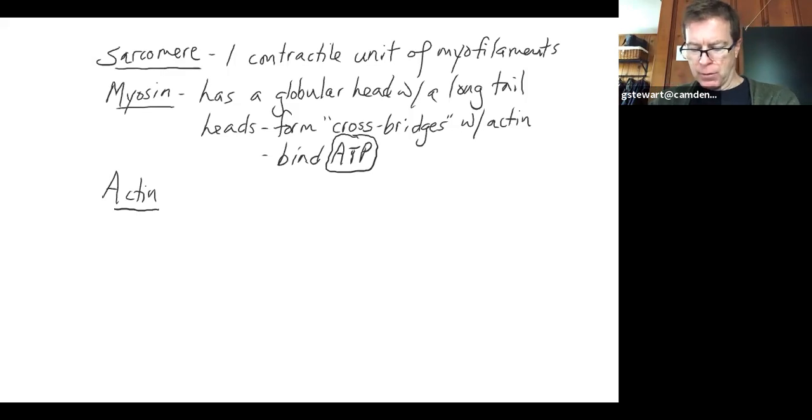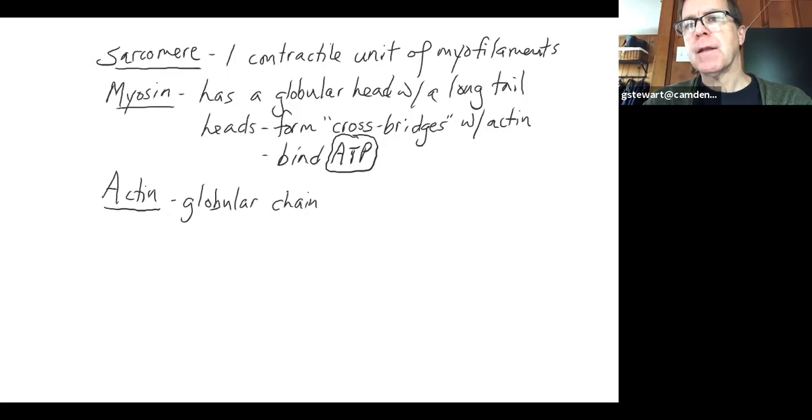Actin, the thin filament that we've defined earlier, it's a smaller globular chain of amino acids.